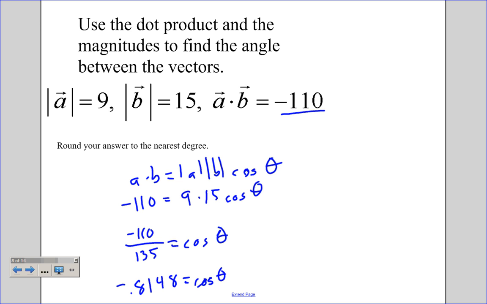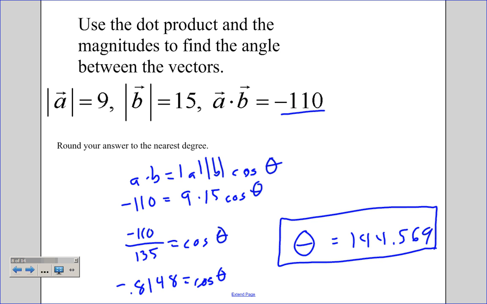And when I take the inverse cosine of that answer, my theta is going to be 144.569. So that's going to be the angle between my two vectors.